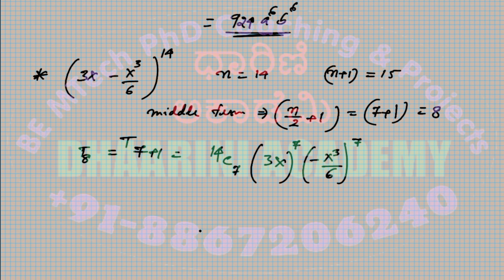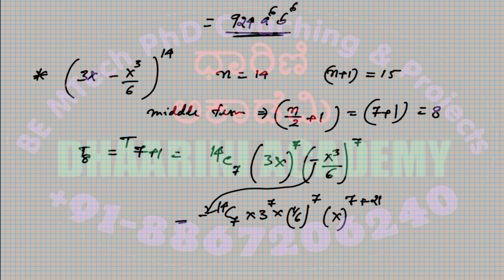Okay, all right. So I need to simplify. There is minus 1 raised to the power 7, so that is negative. 14C7 into 3 to the power 7 into 1 by 6 to the power 7, into x to the 7 into x to the power 7 into 3, so this is plus 21. See, the minus is already taken out, so this minus has nothing to do with the power.